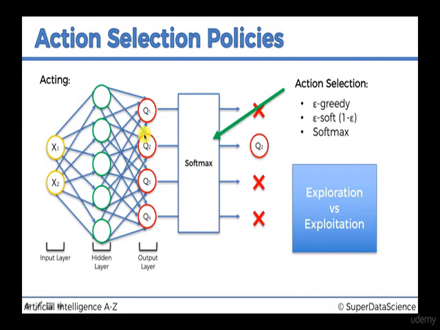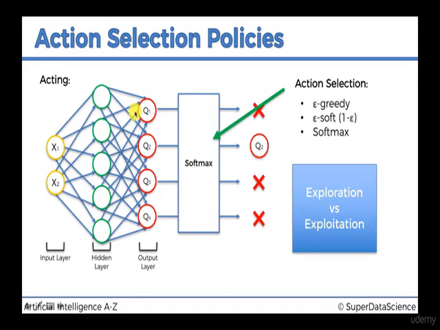So you'll select the one with the highest Q value all the time, except for epsilon percent of the time. For instance, if you set epsilon to 10%, or 0.1, then 10% of the time the action is going to be selected at random. So 90% of the time you're still going to be selecting the best action based on the highest Q value, but 10% of the time you're going to be selecting a random action, uniformly, absolutely randomly.